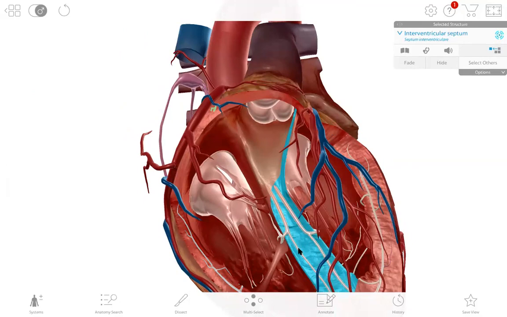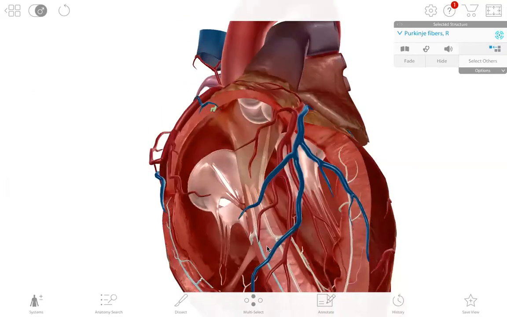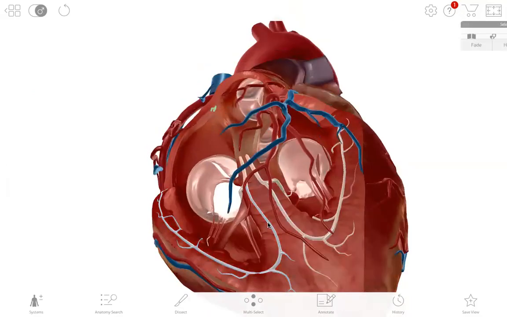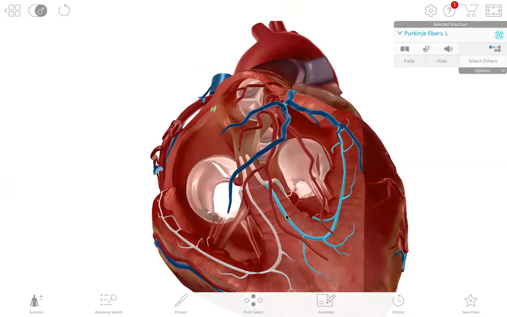If I have a problem in this branch, the right bundle branch, I will have a right bundle branch block. If I have a problem here, it will be called the left bundle branch block, and this will appear in the impulses in the ECG. So through the waves, one can diagnose whether he has a right bundle branch block or a left bundle branch block.